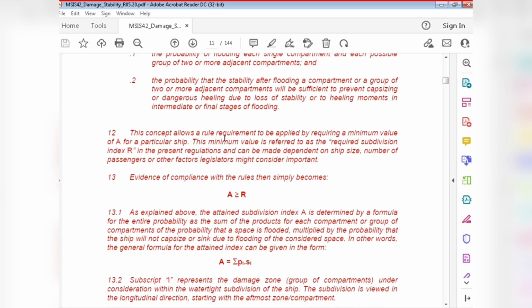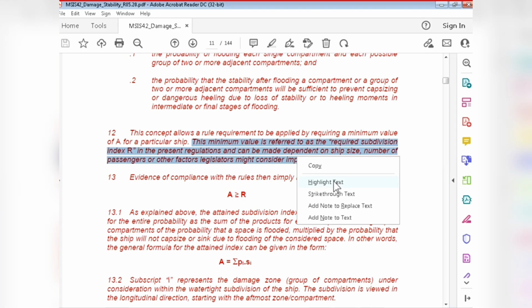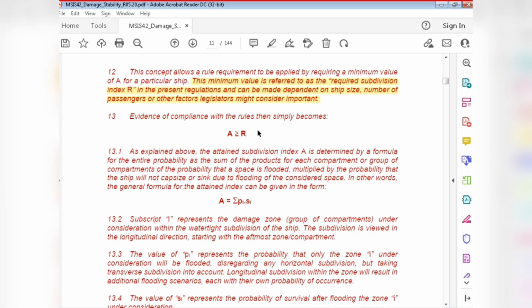So the concept allows a rule requirement to be applied by requiring a minimum value of A for a particular ship. This minimum value is referred to as the required subdivision index R in the present regulation and shall be made dependent on the ship size and number of passengers. So A should be greater than or equal to R.